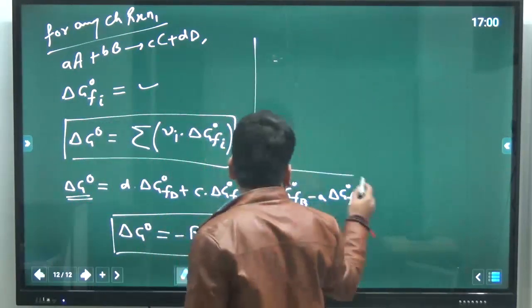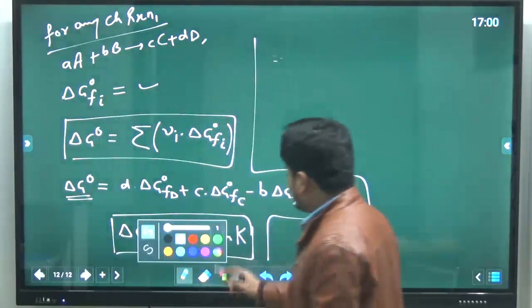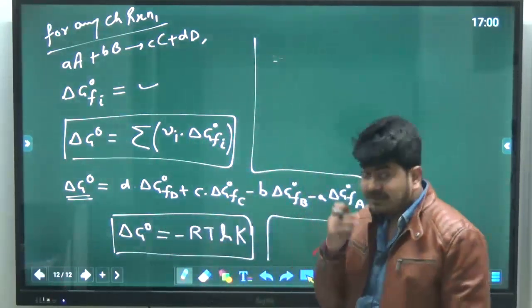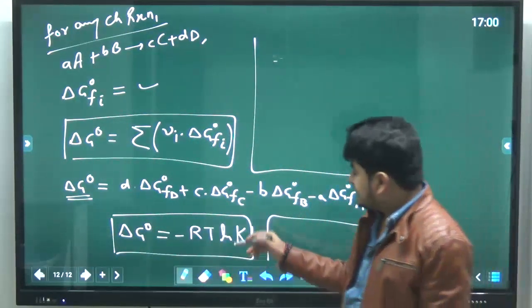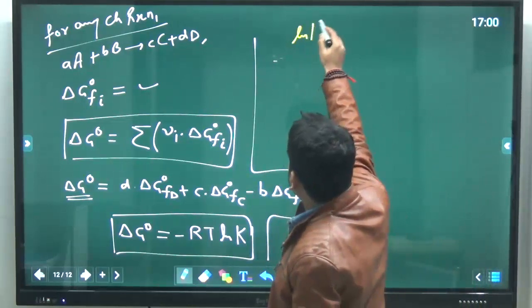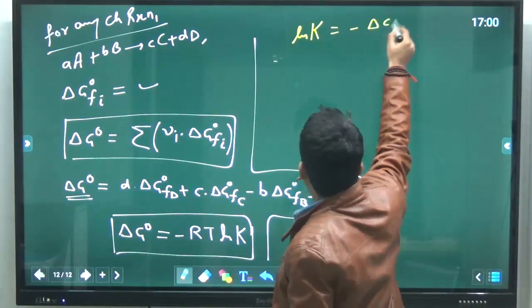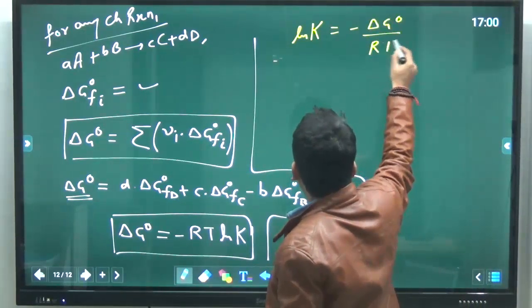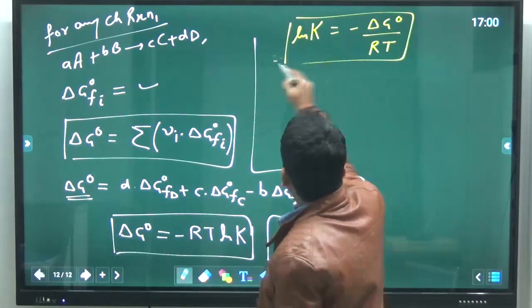Okay. And here, one more thing you should know about the equilibrium constant. So here you can see that ln K is equal to minus delta G naught by RT. Okay.